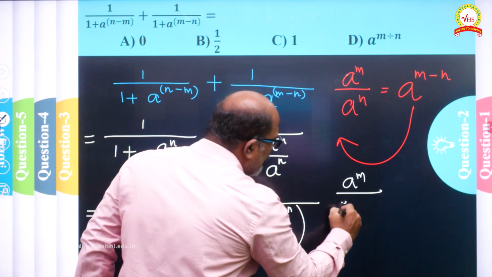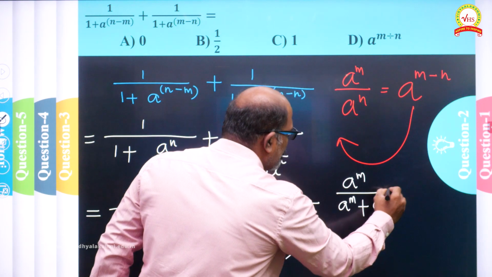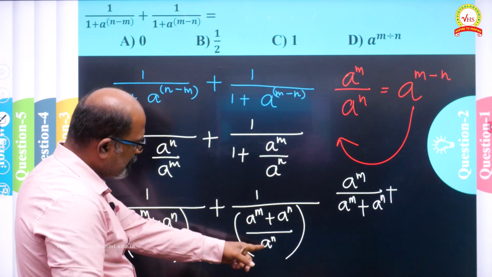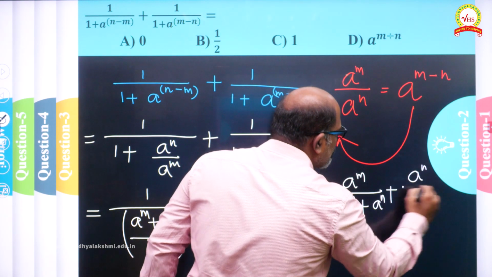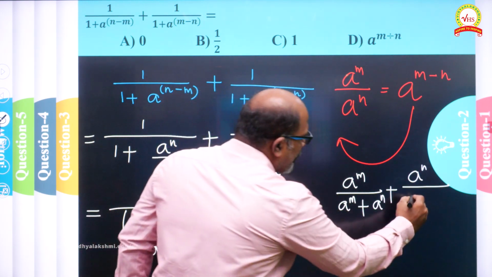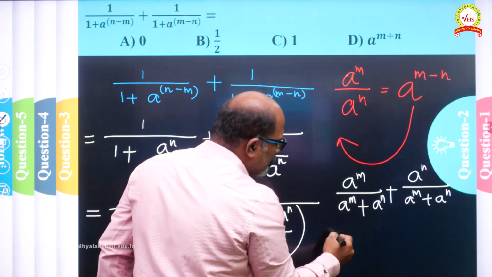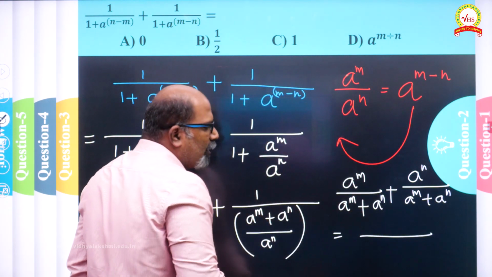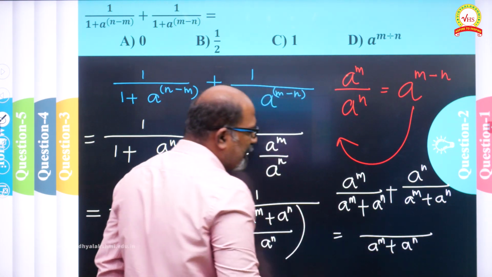So a power m by a power m plus a power n in the denominator, and here also this a power n will come to the numerator. So a power n the whole divided by a power m plus a power n. Here on adding these two, because we are having the same common denominator, a power m plus a power n, the common denominator we have taken.